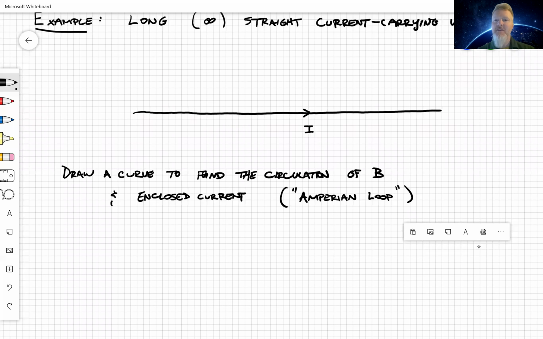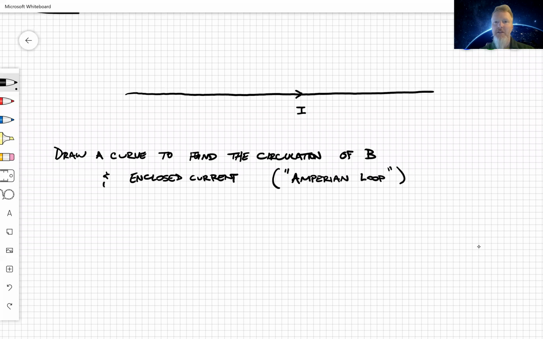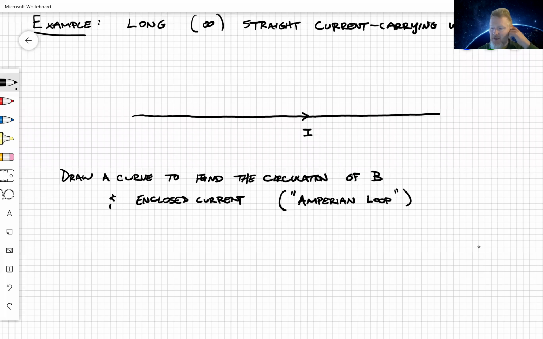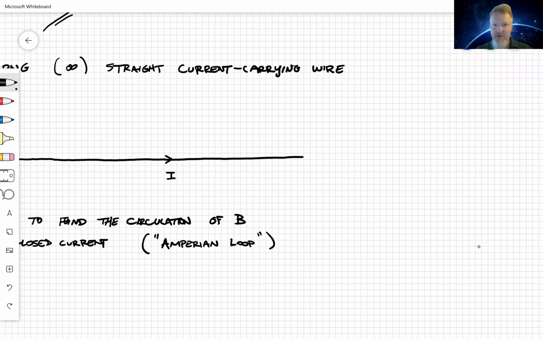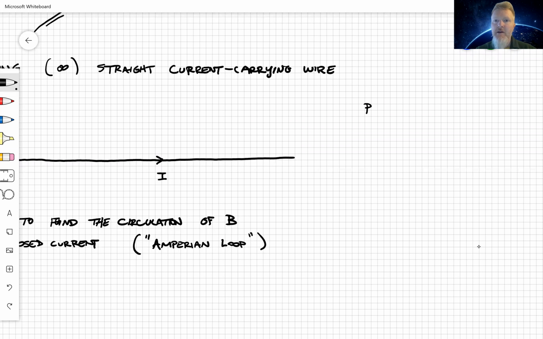I would say he did a pretty good amount of work on the electrical side of things. So in terms of problem solving steps, let's go over to the side here. These are going to look fairly similar to the Gauss ones that I wrote for you.